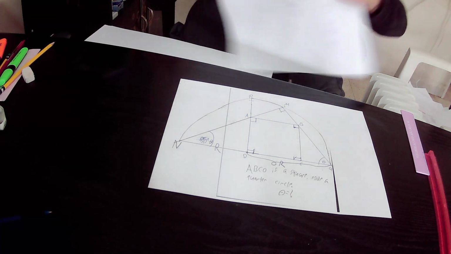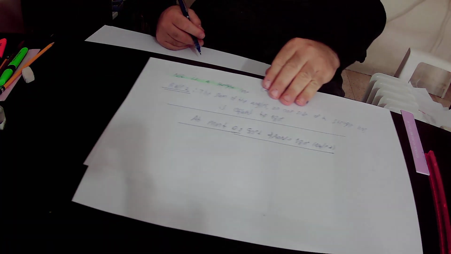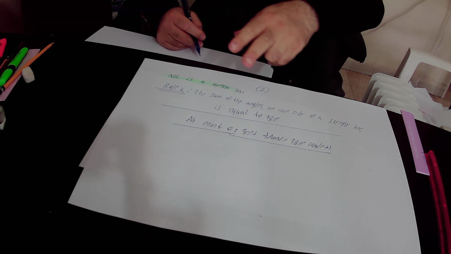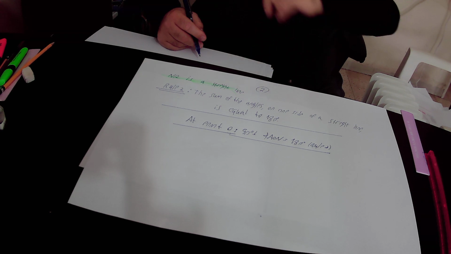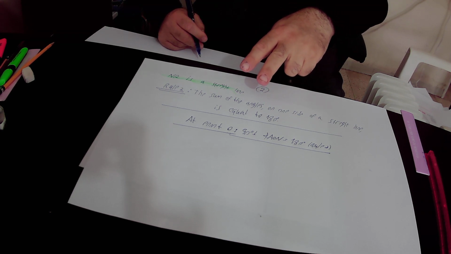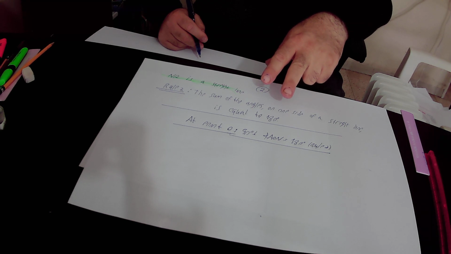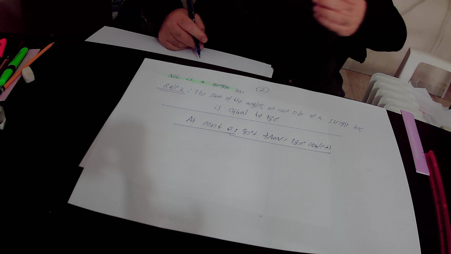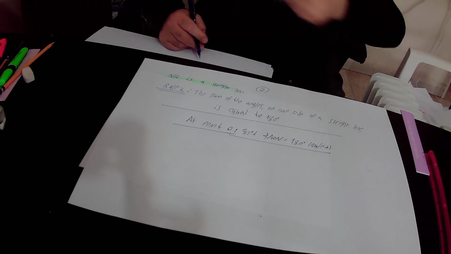I'll repeat again. On the upper side of the straight line NQ at point O, we have two angles. One angle is a right angle, the other angle is angle AON. And in total, the sum of those two angles must be equal to 180 degrees according to rule number 2.